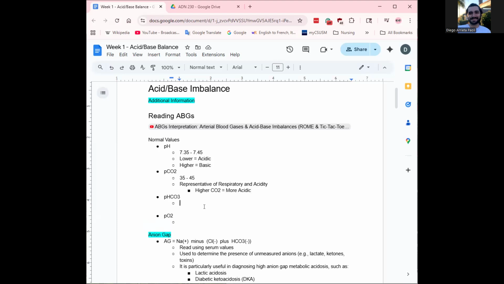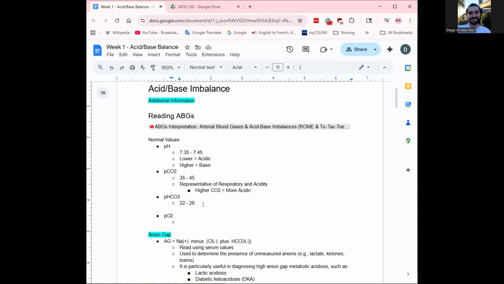Okay. What about the bicarbonate? What's the normal value for the bicarb? Yeah, 22 to 26 is the one I think is going to be more tested on. Depending on where you go, all of these values could be different depending on what hospital you're at.